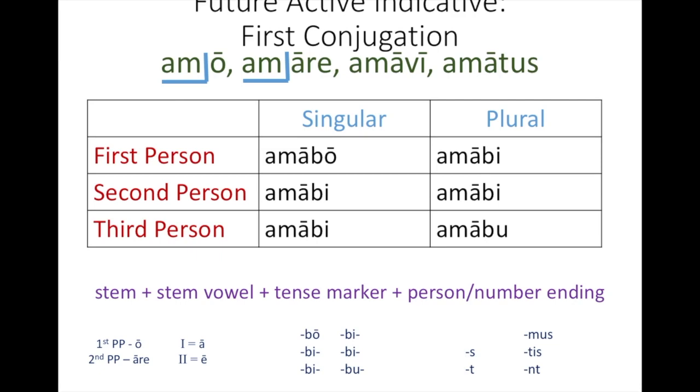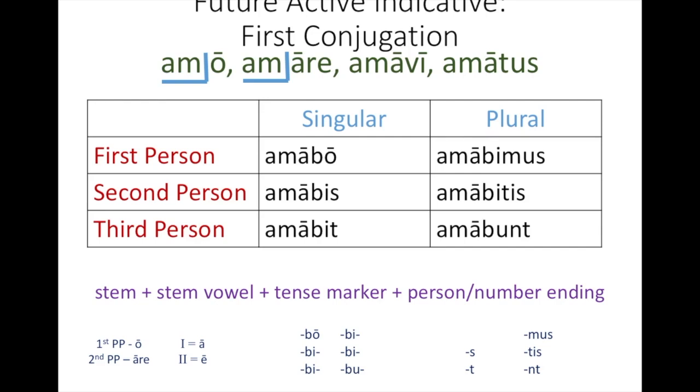BU is in the third person plural because your person and number ending NT forces that I to change to a U. So after our tense marker, BO, BI, BU, we add in our person and number endings, S, T, MUS, TIS, NT.